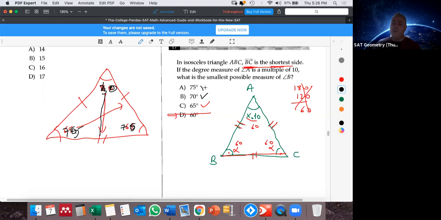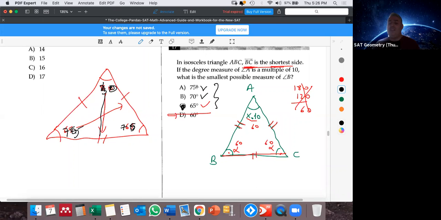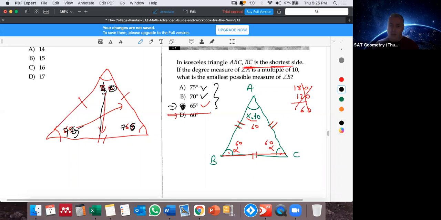This is also possible. Now the question says, what is the smallest possible of B? They are all possible. Which one is small? 75. That is right.